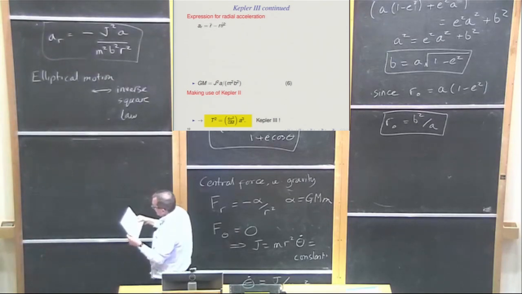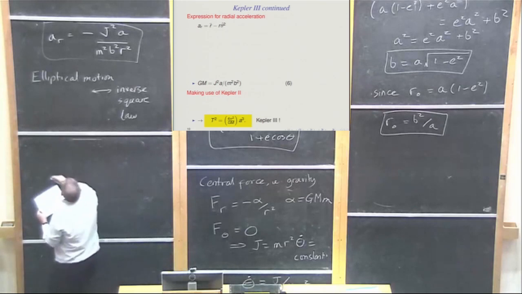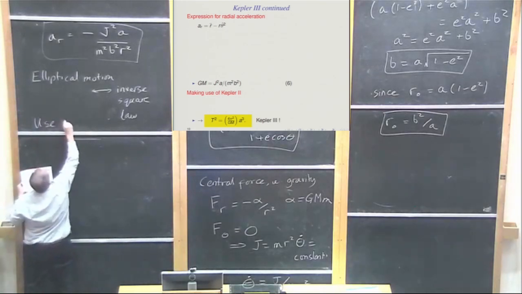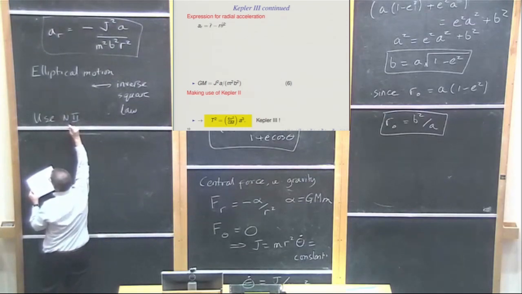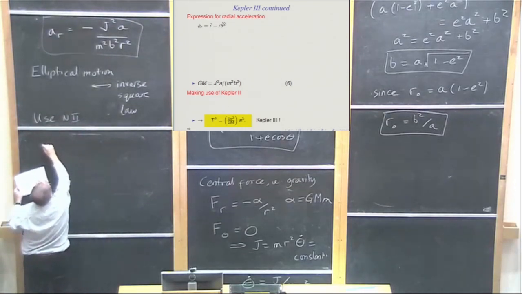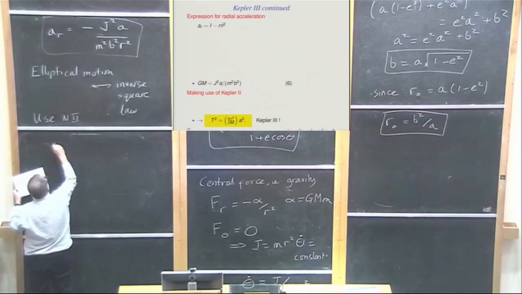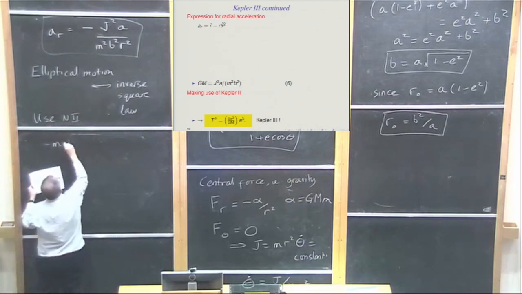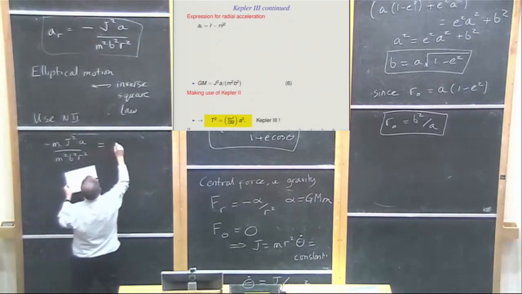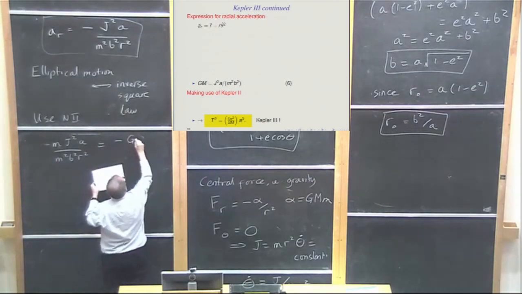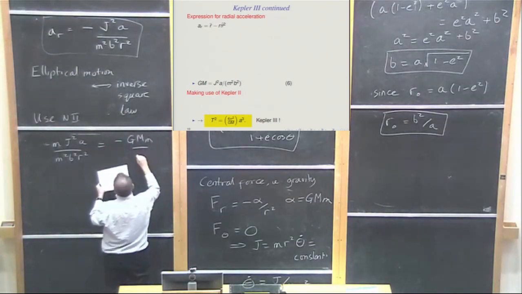Okay, so now we can use Newton's second law because we have the expression for the acceleration. So the m a term gives us minus m j squared a over m squared b squared r squared, and that is equal to the force, which is minus big G, big M, little m over r squared.